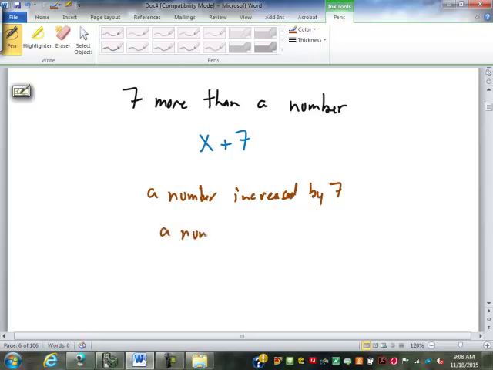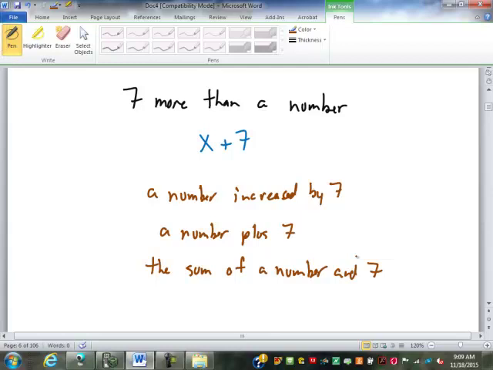Maybe a number plus 7. The sum of a number and 7. 7 added to a number. All sorts of phrases that could be a number x plus 7.